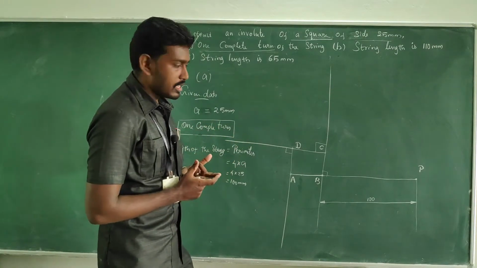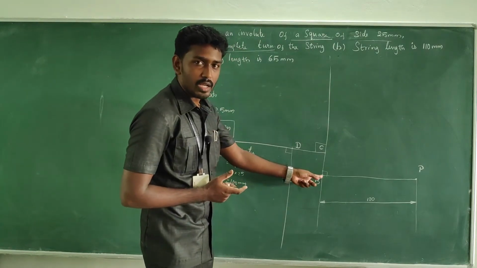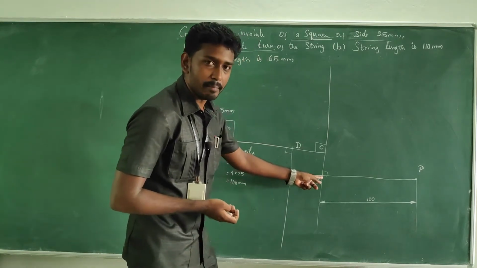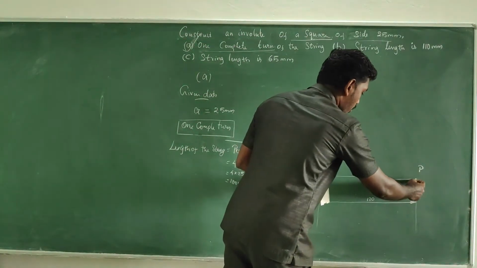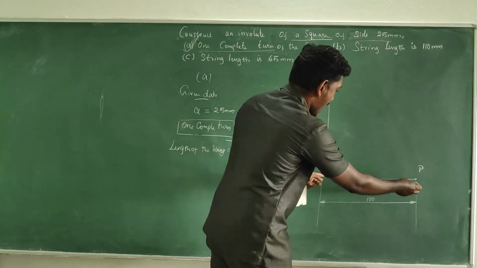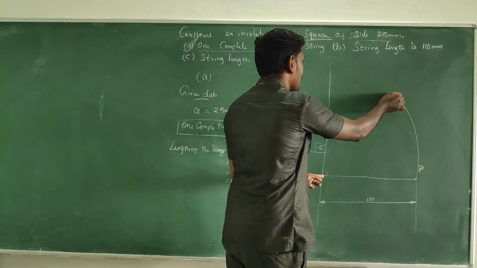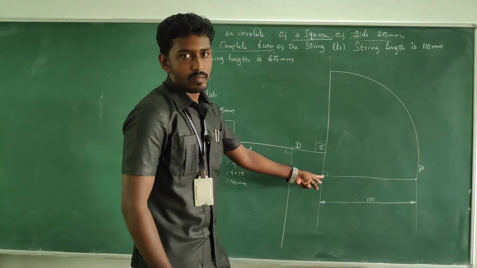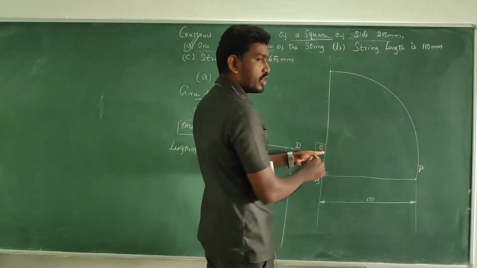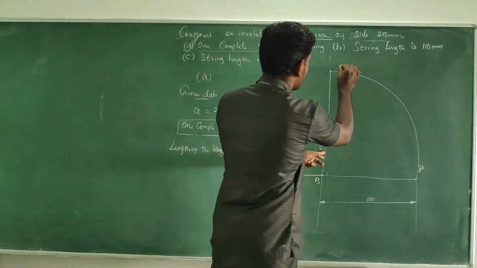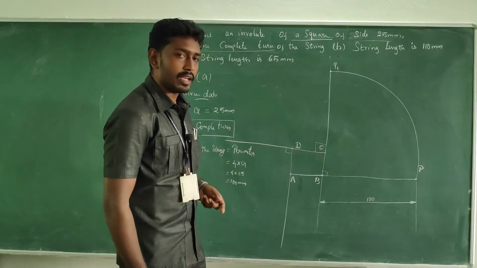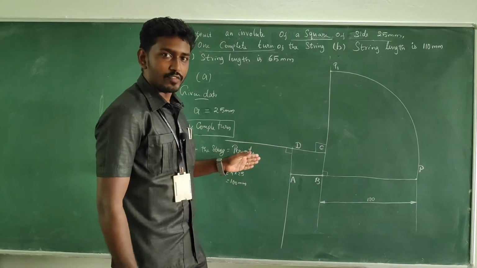Take the compass, and in order to find the first point, keep one leg of your compass on B and measure the full length of your string, the B to P distance, and draw an arc, and it intersects with the perpendicular line from C. That is the point P1. The same thing has to be repeated for the rest of the lines.